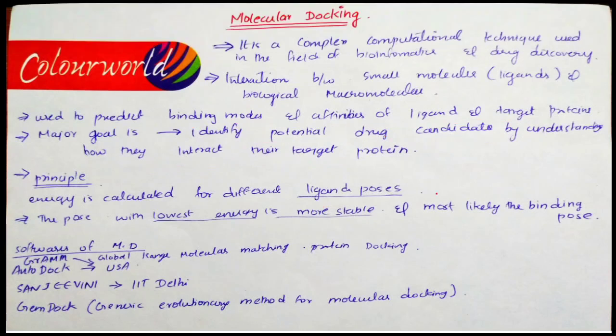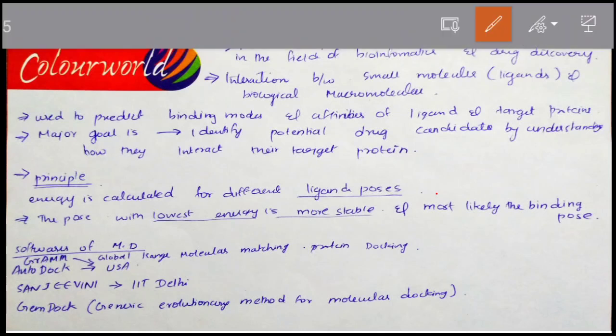Now, the main principle on which molecular docking works is the energy calculated for different ligand poses, and the pose with the lowest energy is the most stable and most likely the binding pose. According to this principle, energy is being calculated. Here we have an option in the software for energy calculation for different ligand poses.